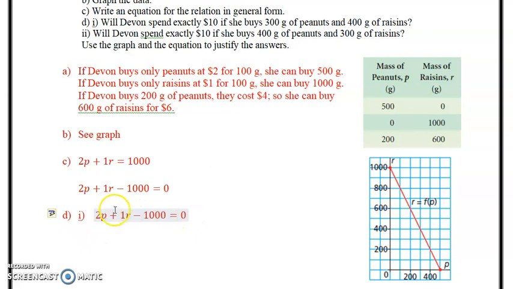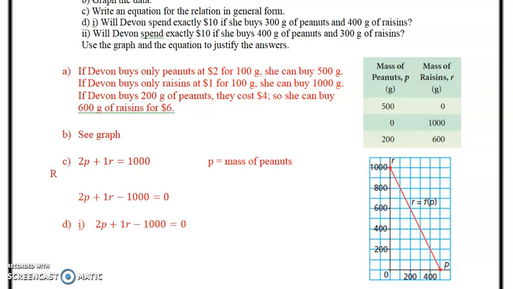We fill in the mass, because remember P is equal to the mass of peanuts, and R is equal to the mass of raisins. Okay?